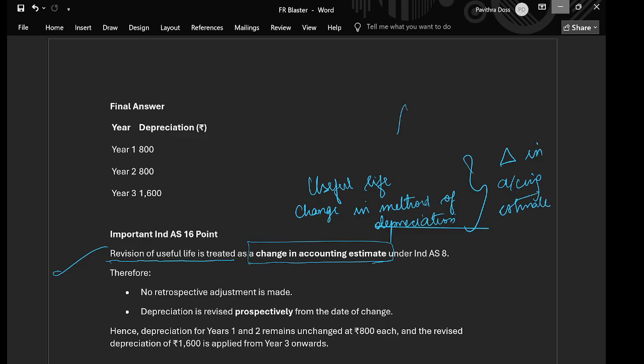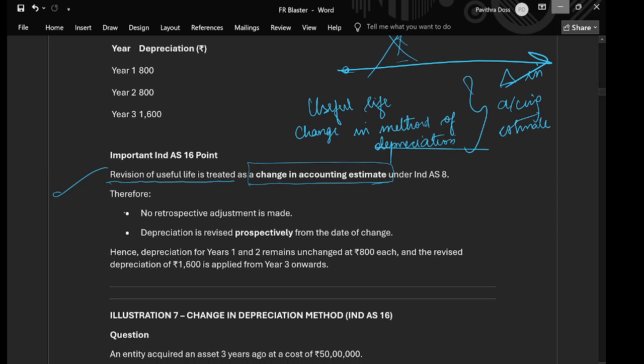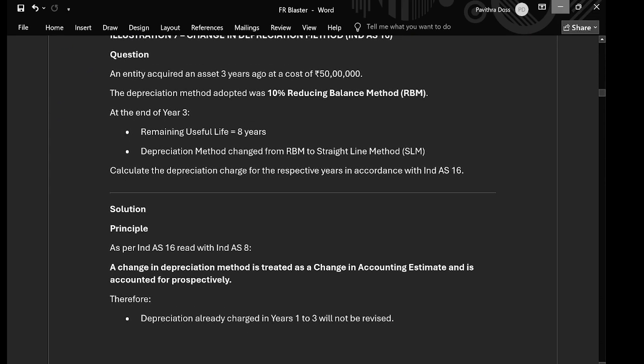So there is nothing like retrospective. We are going to make the changes only prospectively from then on. So no retrospective adjustment is made. Depreciation is revised prospectively from the date of change. Clear? That is about question number 6.